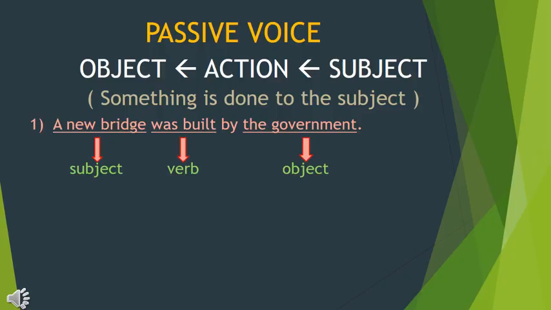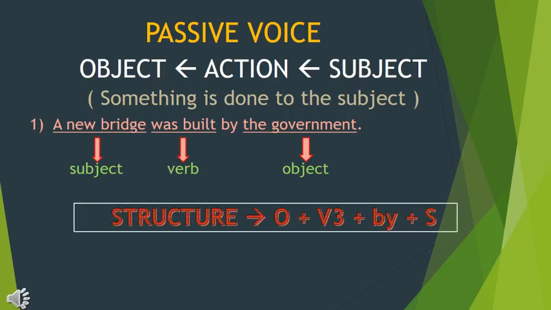Object, action, subject. Object comes as subject, subject comes as object. So, its structure is object plus third form of verb, that is past participle, plus by plus subject. See the next sentence.